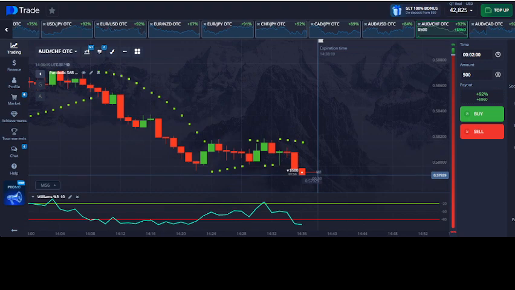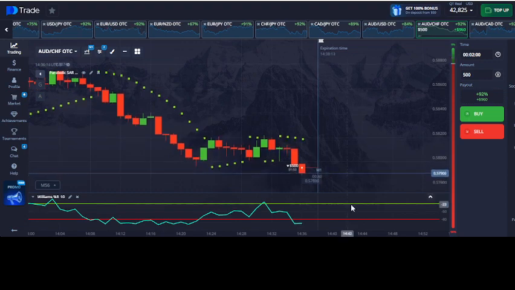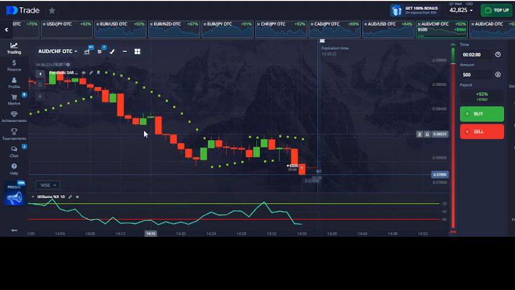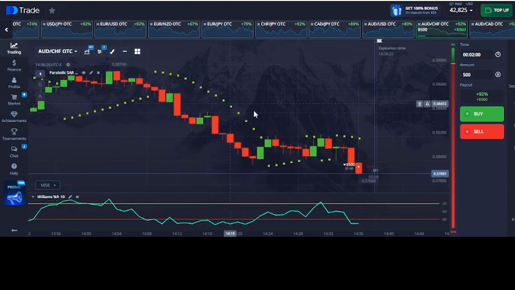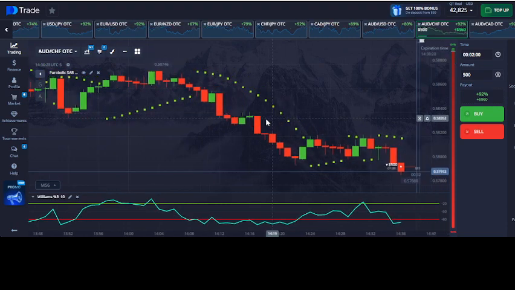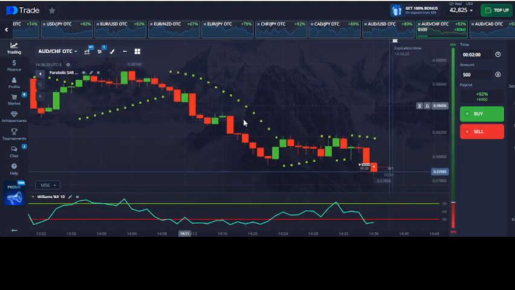Okay, so I'm on the Aussie dollar Swiss franc currency pair, and I just took a sell trade here, or a put trade to the downside. Now, the reason why I took this trade is, first of all, if we look at the previous price action, we're noticing a general downward trend in the price from top left to bottom right here.